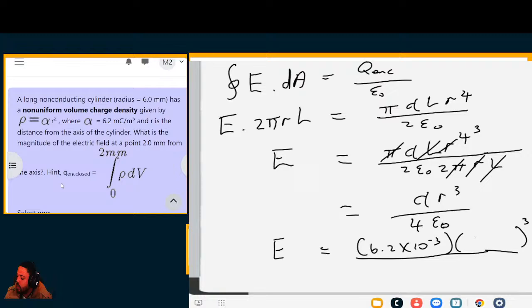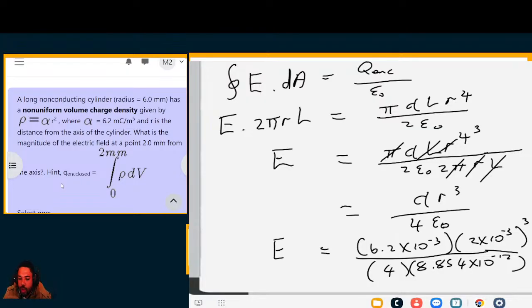In this case R is 2 millimeters away, so it's 2 times 10 to the negative 3, all that divided by 4 multiplied by epsilon naught, which is 8.854 times 10 to the negative 12.